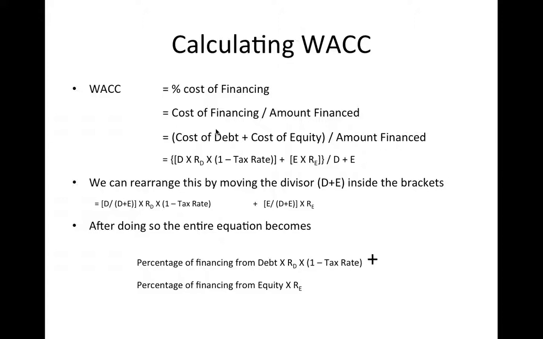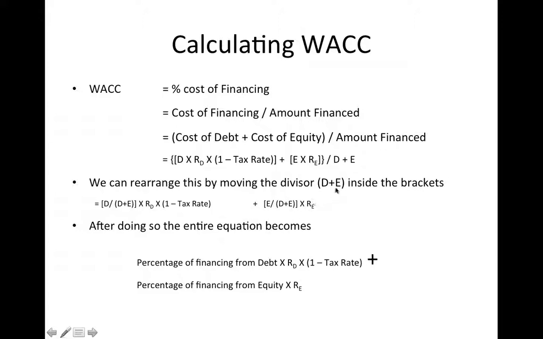So we're going to rearrange this by just taking this D plus E that everything is divided by and dividing each term by that separately. So we're doing D divided by D plus E. So D divided by D plus E times R little d times 1 minus the tax rate, plus E divided by D plus E times R little e.